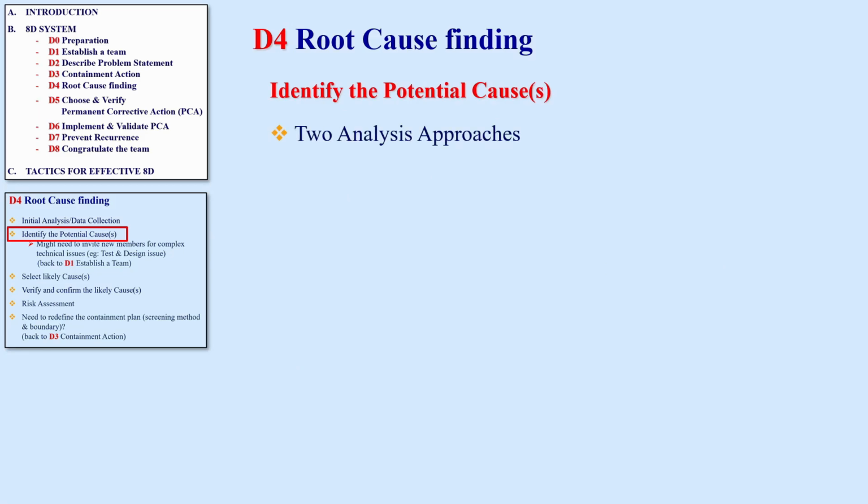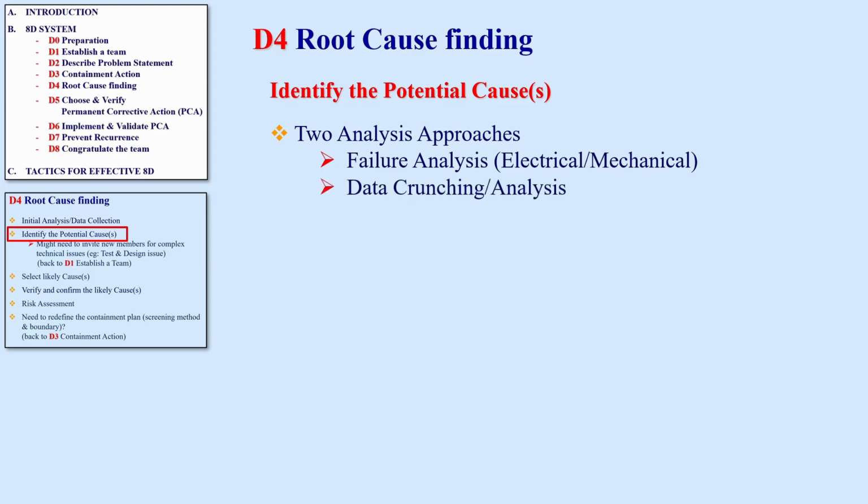There are two major analysis approaches in finding root causes. Failure analysis, data crunching, or data analysis. Whenever possible, we should use these two approaches in parallel. There are two types of failure analysis, that is, electrical failure analysis, and mechanical failure analysis.